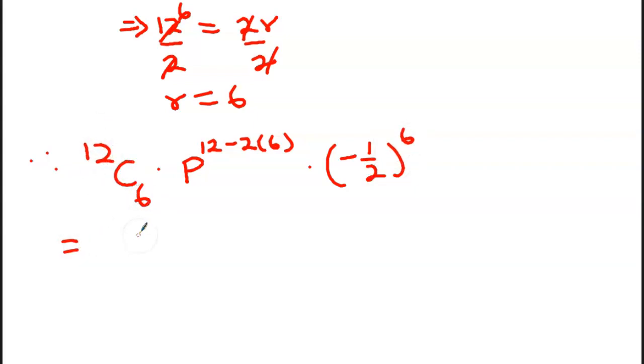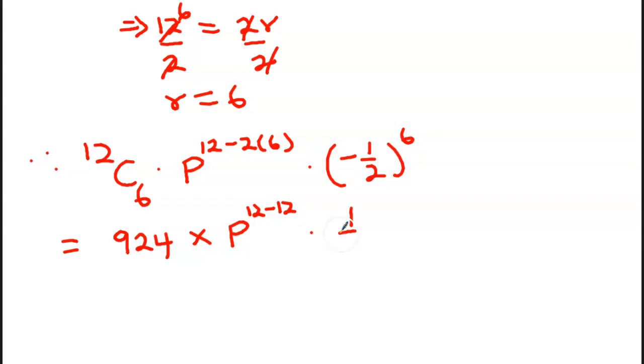So 12 combination 6, when you use the calculator, we are getting 924 times p to the power 12 minus 12 times. Now it's minus 1 on 2 raised to the power 6, because it is even power, this one will be positive.